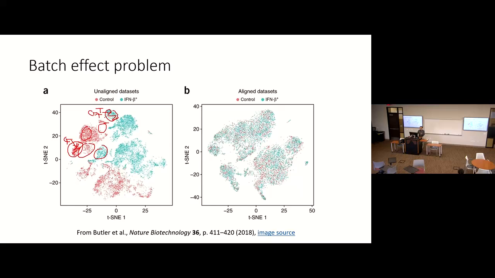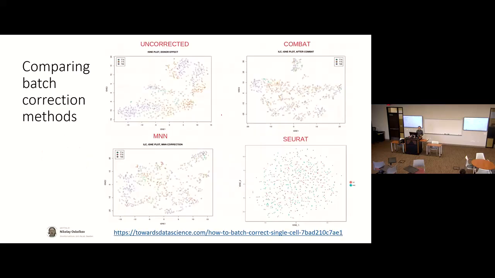So I still don't understand why people want to do this correction. They will shift the cells from two different batches together, and then for what? For annotation. But I have to cover this topic because so many methods have been developed.